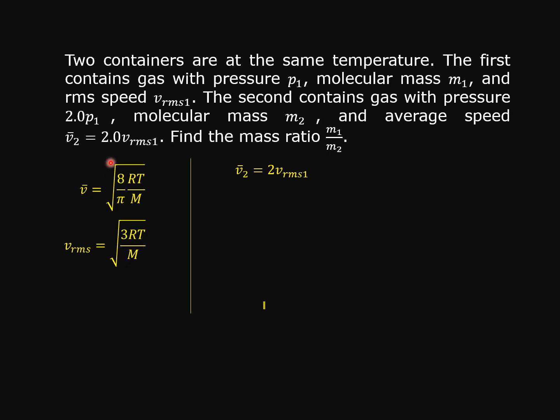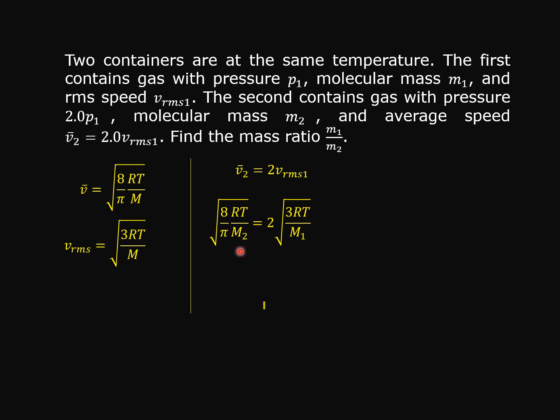Now we start from the equation given. That means the average speed for the second gas equals 2 times the Vrms for the first gas. Now we apply the formula for the average speed and the Vrms, and we get these equations.